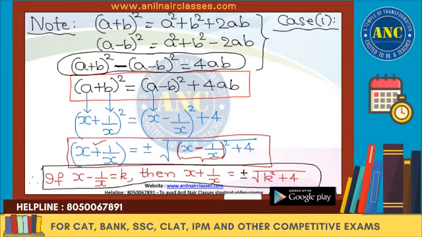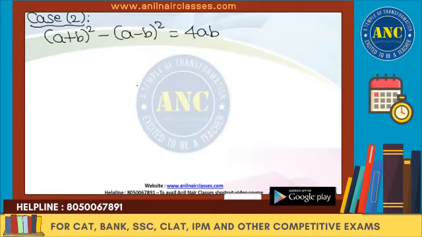I took a plus b whole square on the left hand side and a minus b whole square I shifted to the right hand side. Now I will keep a minus b whole square on one side and shift the other thing to the right hand side. That means a minus b whole square, if this goes to the right hand side, it becomes plus. So 4ab comes to the left hand side.